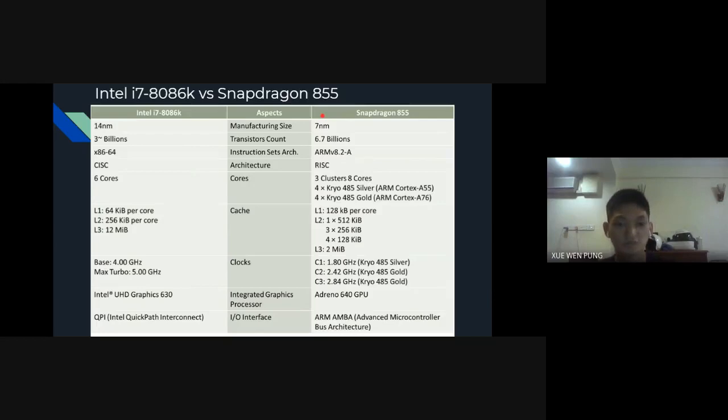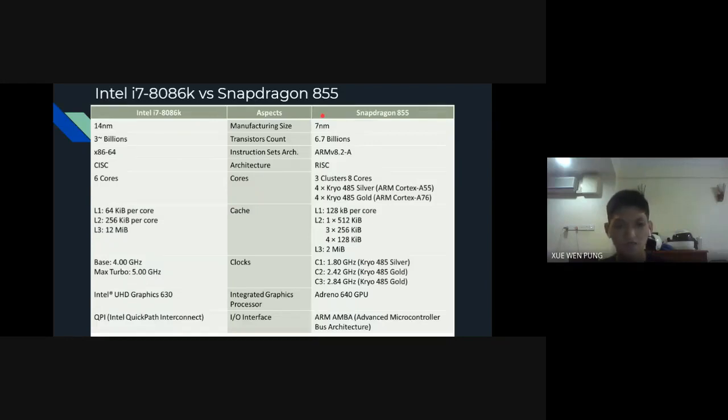For transistor counts, the Intel i7 has 3 billion, whereas the Snapdragon 855 has 6.7 billion transistors, including those not part of the CPU chip, as it is a system on chip. Moving on, the instruction set architecture Intel uses is x86-64, whereas the Snapdragon 855 uses ARMv8.2-A ISA.